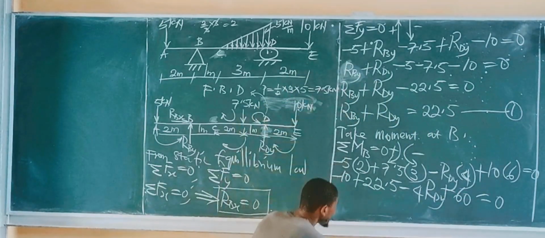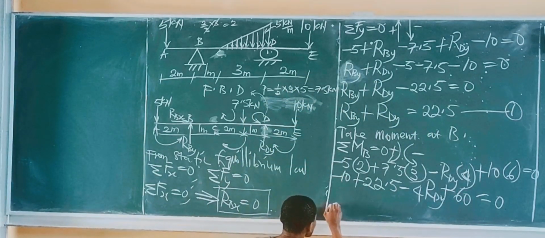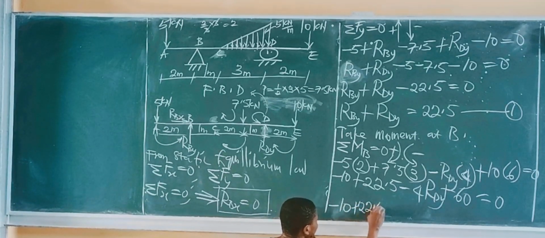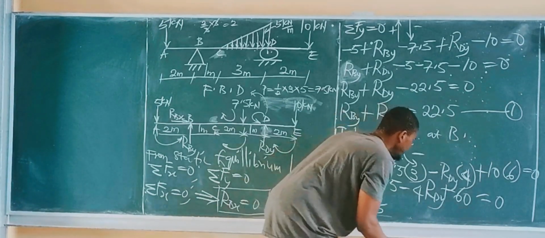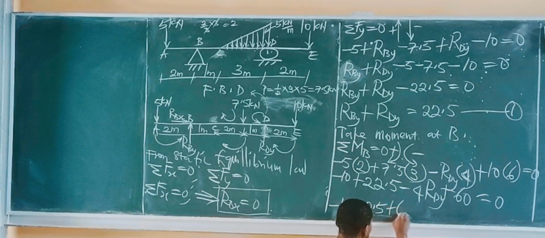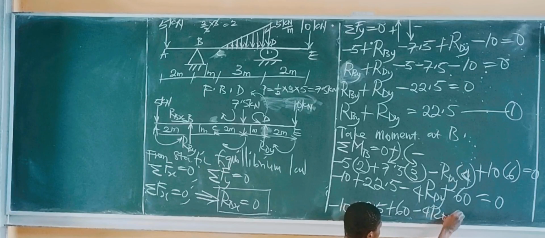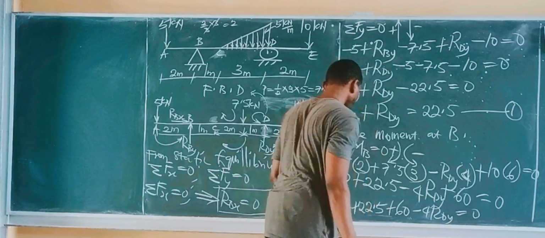So let's collect like terms. We have minus 10 plus 22.5 plus 60 minus 4 RBY equals 0.